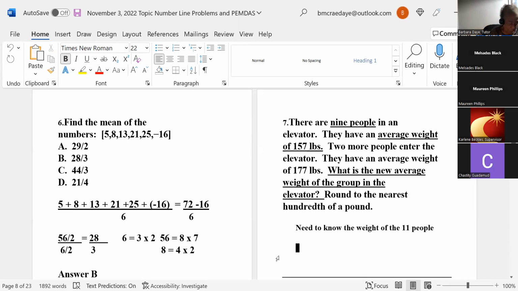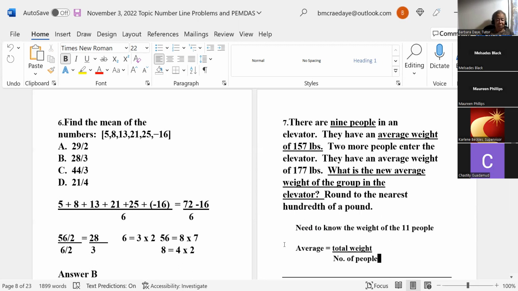Average equals the total weight divided by the number of people.